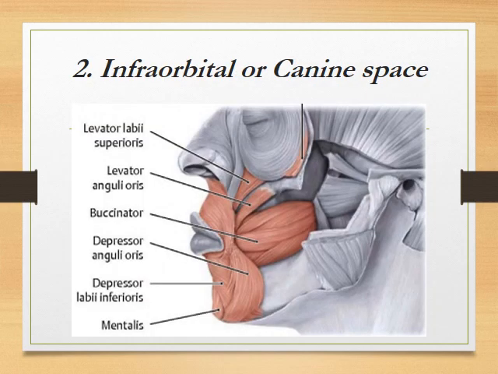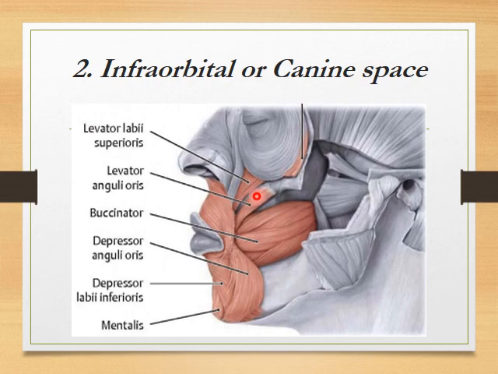Another primary maxillary space is the infraorbital space, or sometimes we call it the canine space infection. Its location is between the levator anguli oris and the levator labii superioris. So this area here will be the area of canine space infection.